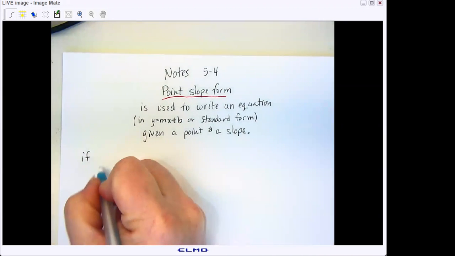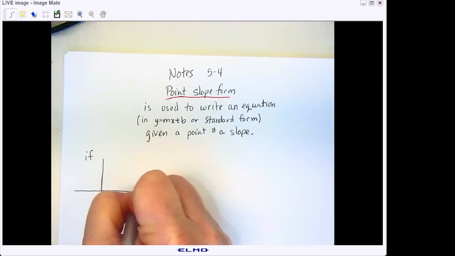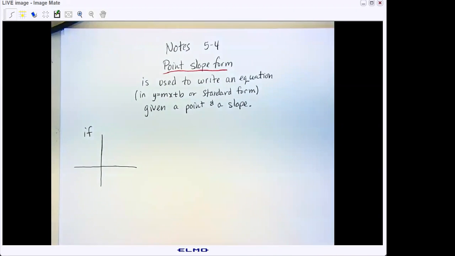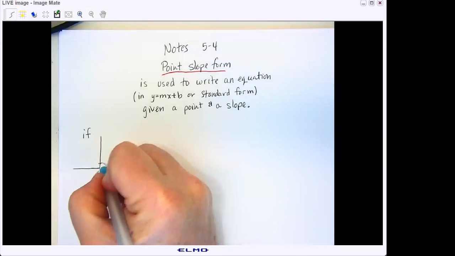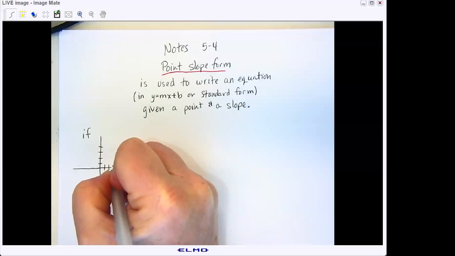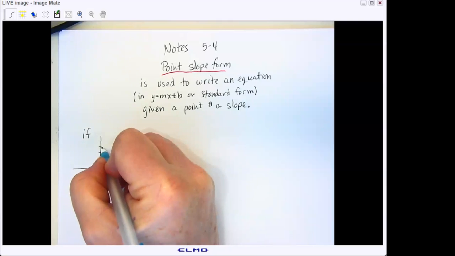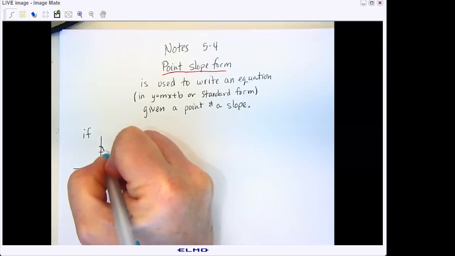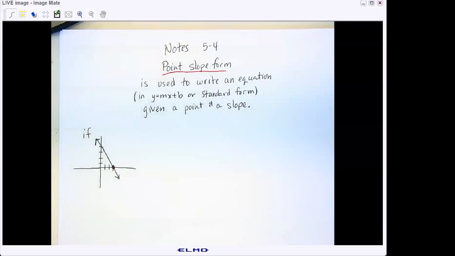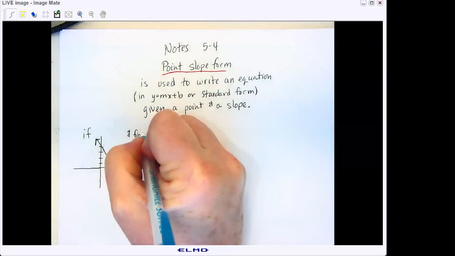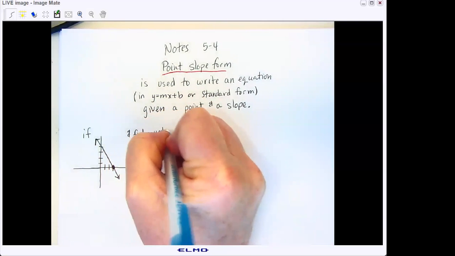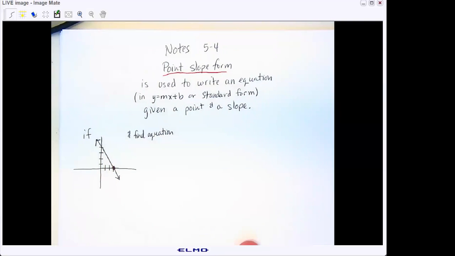If we had a graph and I wanted to find the equation of that line, I could do a couple things.